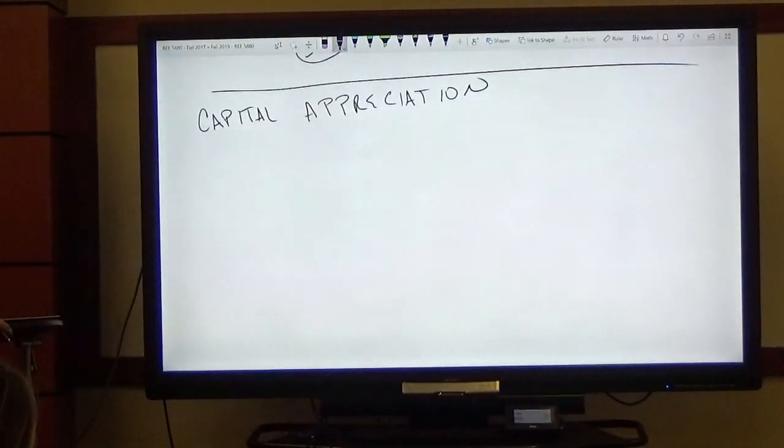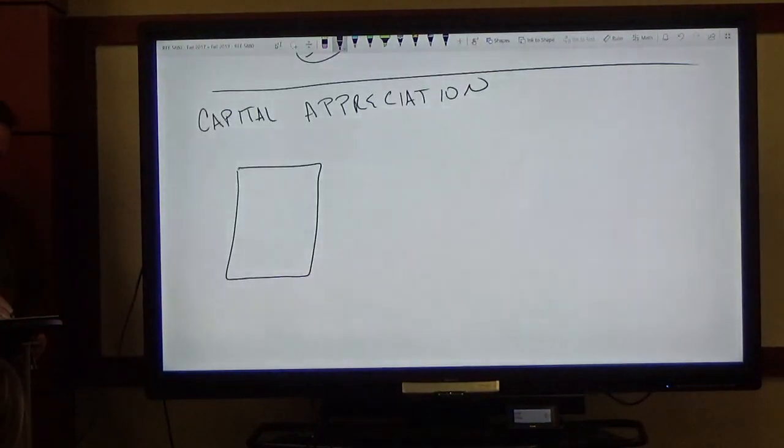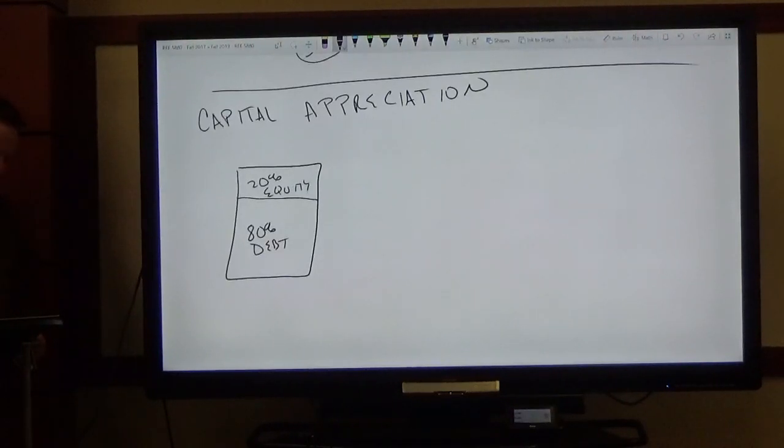Well, think of it like this. To keep things simple, let's go back to this 80% debt, 20% equity. And once again, maybe our cost of equity is 15%, our cost of debt is 5%, and in terms of the total value of the project, we're at 100,000.